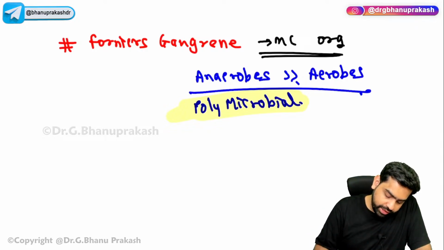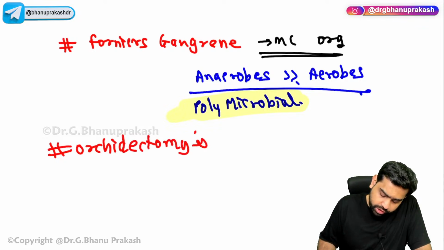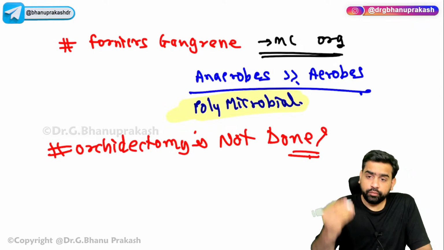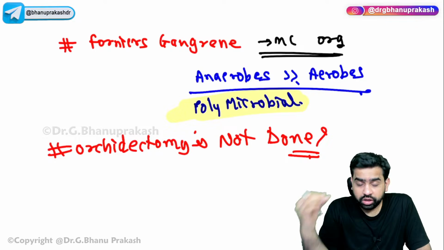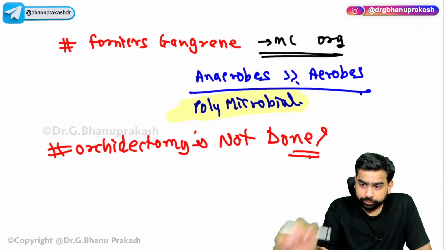Now in these particular patients, orchidectomy is not done. Why will you not perform an orchidectomy? Orchidectomy is not done because the blood flow of the testes is directly coming from the aorta, and that is the reason why the testes are viable. Are you understanding my point? Please understand this.